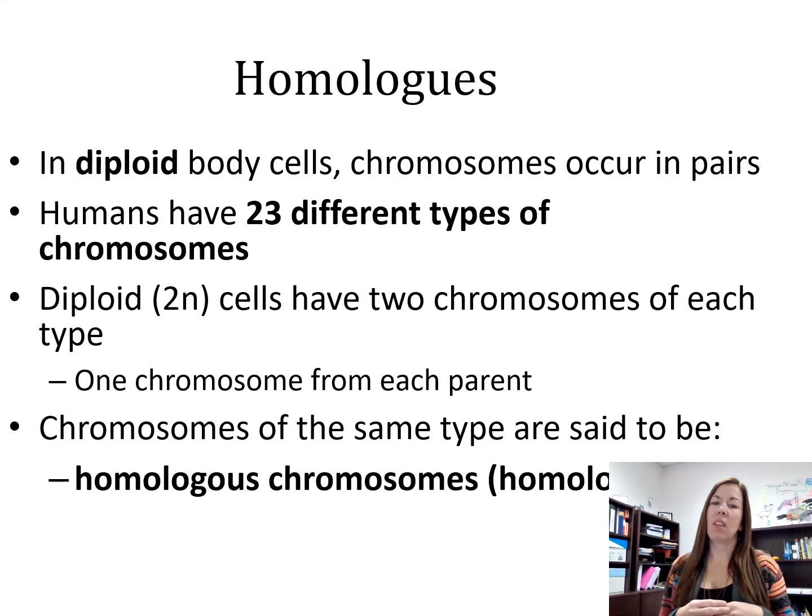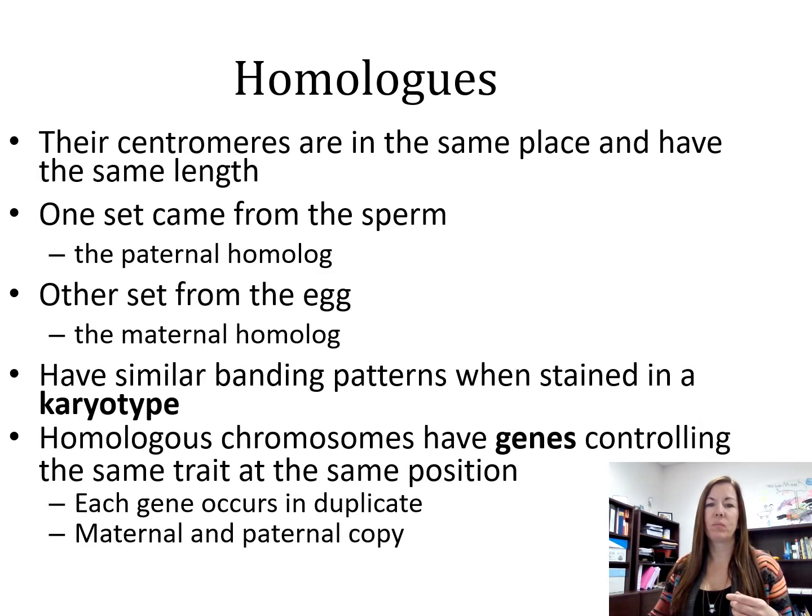You'll see that chromosomes of the same type are said to be homologous chromosomes or homologs. With homologous chromosomes, this basically means this chromosome that you got from mom is very similar to this chromosome that you got from dad. Obviously the genes are different, but their centromeres are in the same place. One set came from dad, one set came from mom.